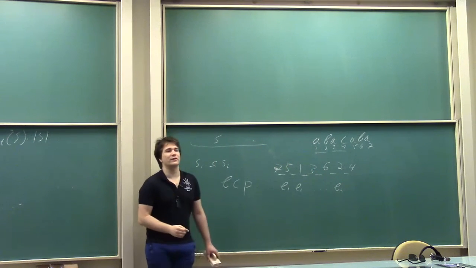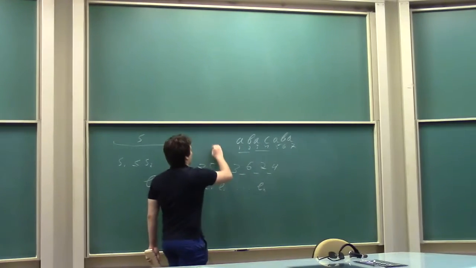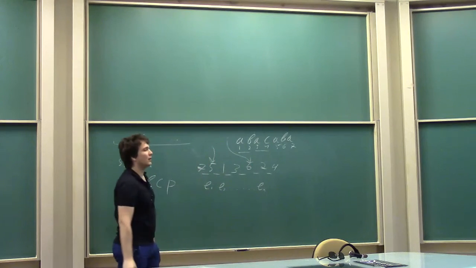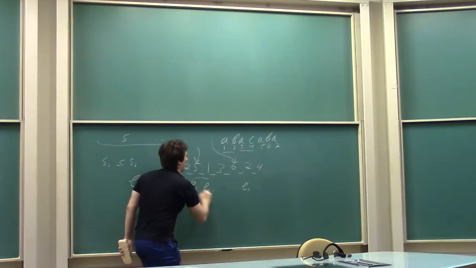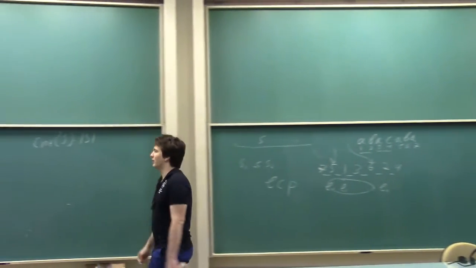And now the best fact is that if you want to calculate the longest common prefix of two strings, you just need to pick the minimum value on this segment. And that will be their LCP.